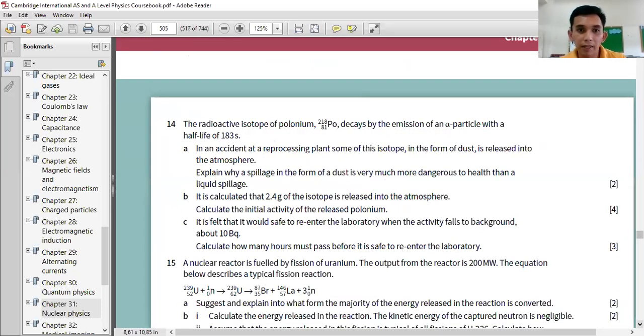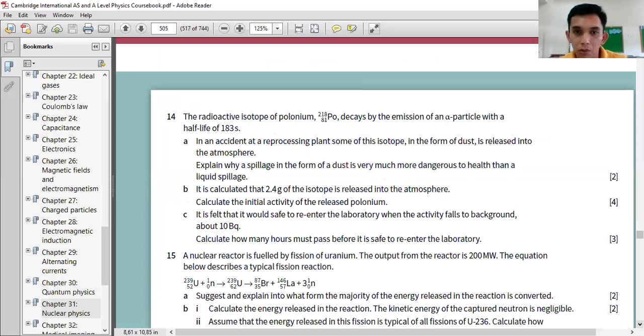The radioactive isotope of polonium-218 decays by the emission of an alpha particle with a half-life of 183 seconds. In an accident at a reprocessing plant, some of this isotope in the form of dust is released into the atmosphere. Explain why spillage in the form of dust is much more dangerous to health than liquid spillage.